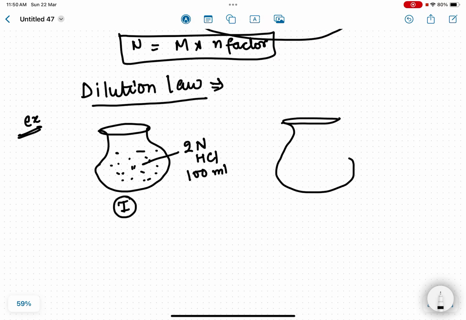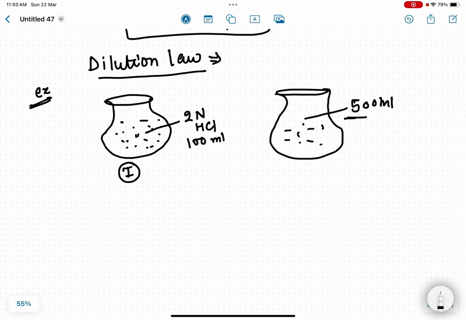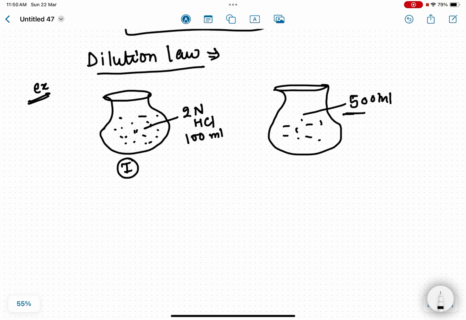Now this solution is diluted and made up to 500 ml. We have only added water to dilute it, but the number of moles of solute which were dissolved have not changed.